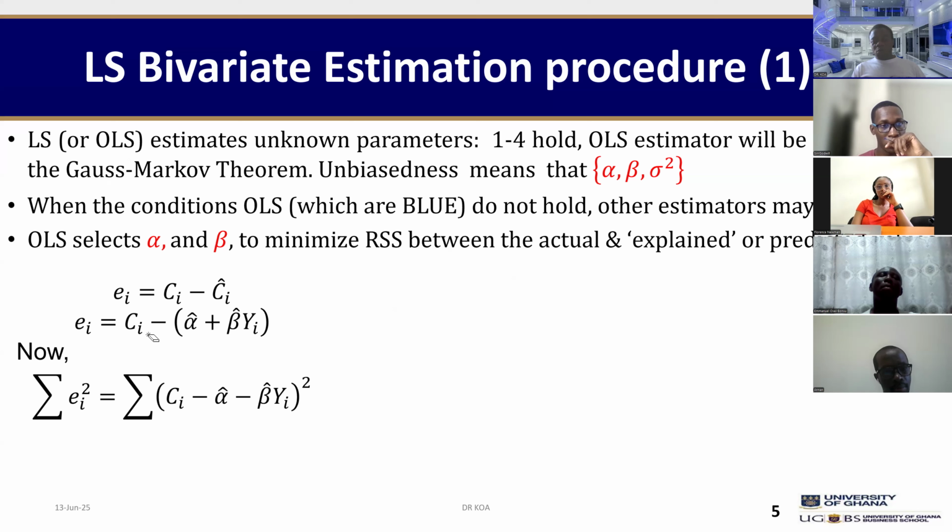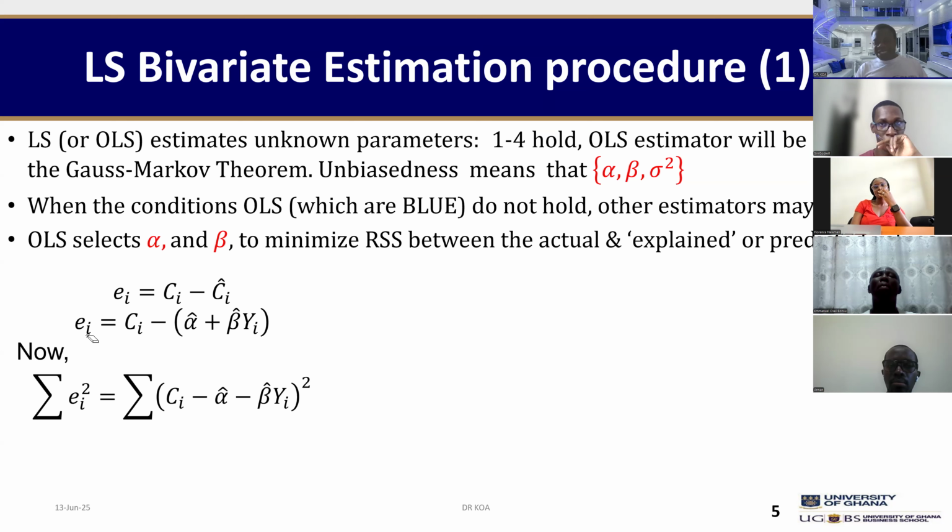Now, we need to minimize this error. Why? Because you want to have a clear relationship between the dependent and independent variables. This is a minimization problem.